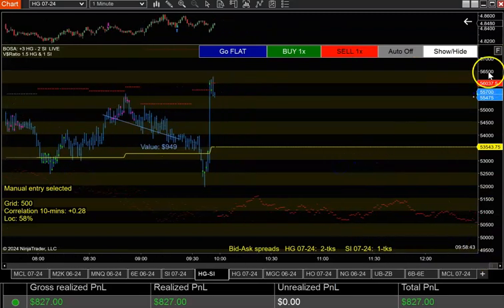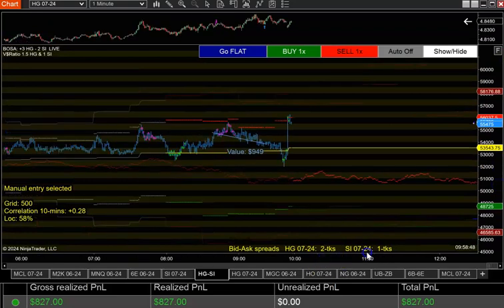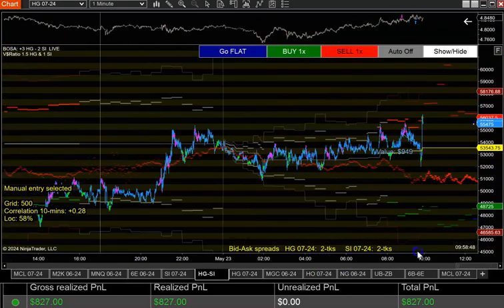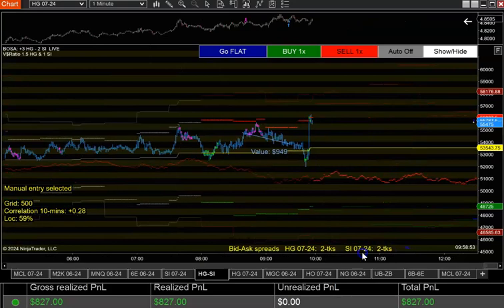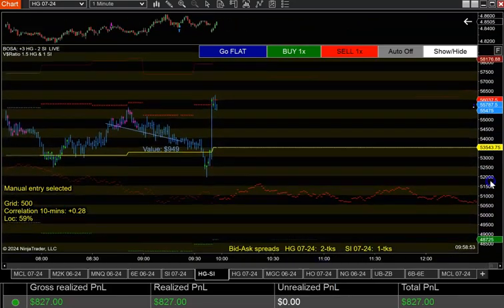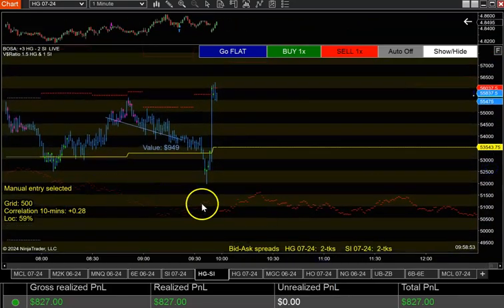BOSA is a system where we look at these two instruments together, and we give a historical prediction, which is this red line. So this red line shows that over the past, I think I've got about 2 weeks of data, the spread has actually been below this midline.